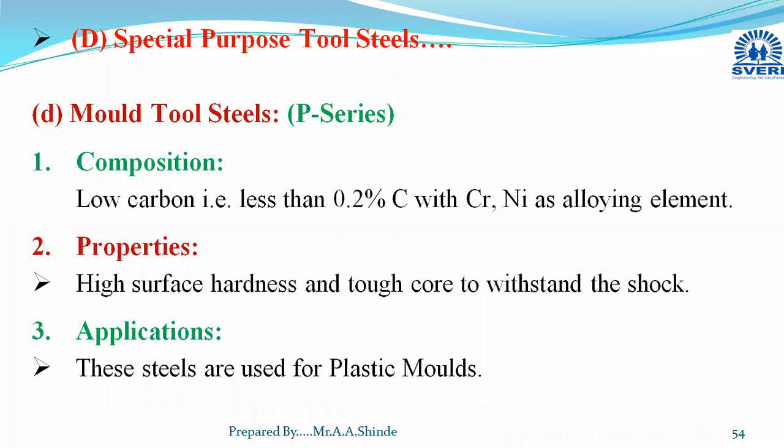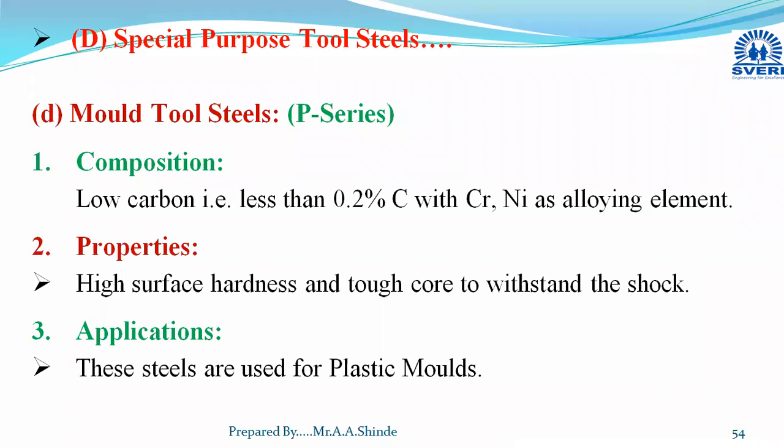And as in a plastic mold, we require high hardness on the surface and a very good strength, a very tough core, to absorb the shocks during the compression cycle. Hence, these steels have high surface hardness and a very tough core, along with very good shock resistance ability.